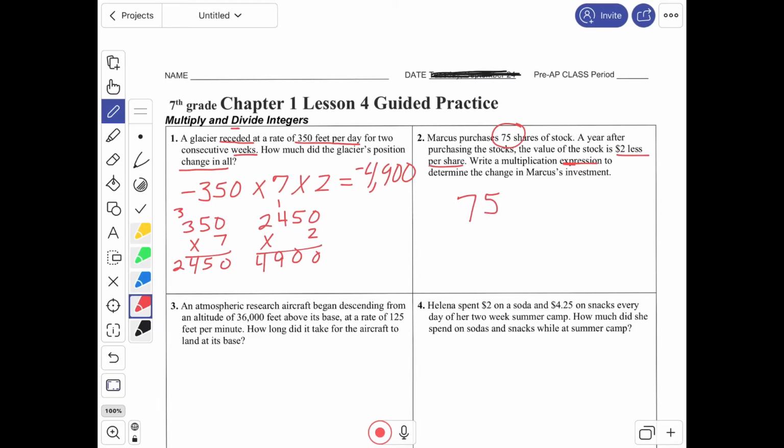So he purchased 75 shares. And a year after purchasing, the value of the stock is $2 less. So each one of those shares went down $2. So times -2. And that's it.